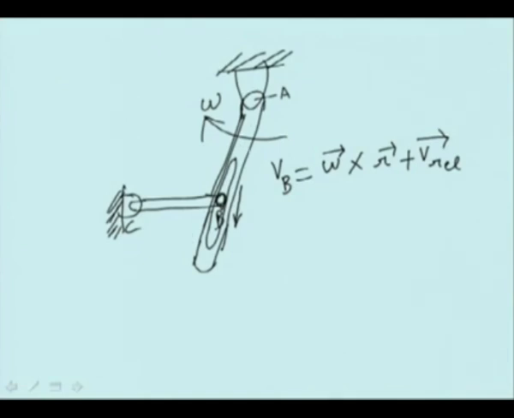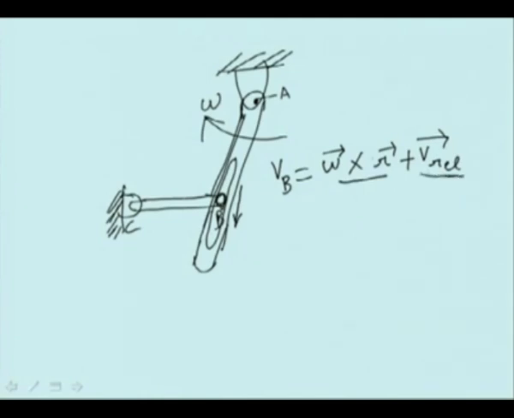Omega cross R can be easily calculated. You have fixed the axis system at point A, R is the radial position vector of B with respect to A, and omega might have been specified, so you will be able to calculate omega cross R plus VL.